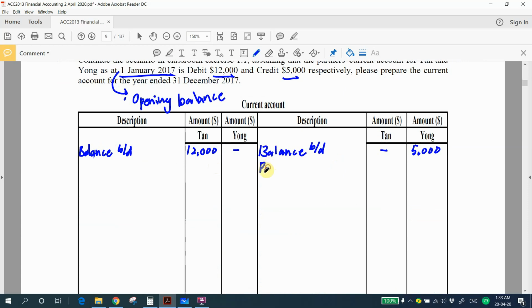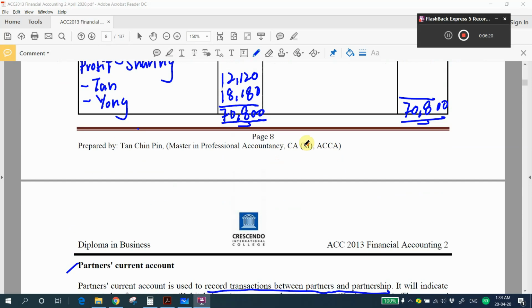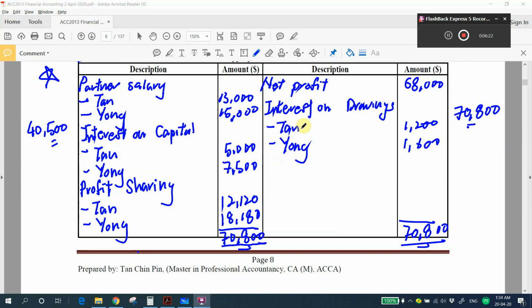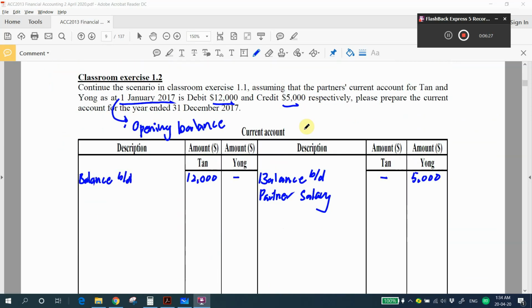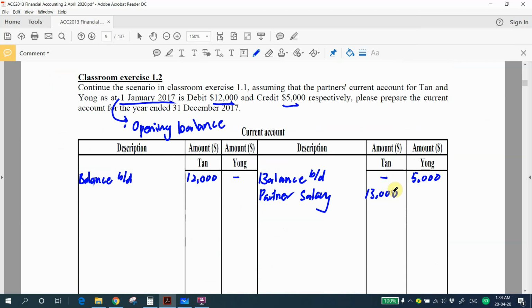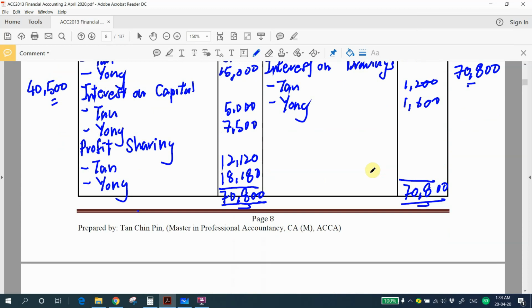Partner salary: Tan is 13, Yong is 15. Next, we record the interest on capital, 5,000 and 7,500.